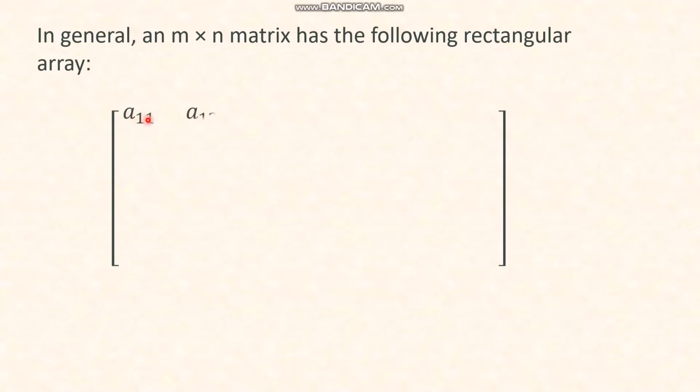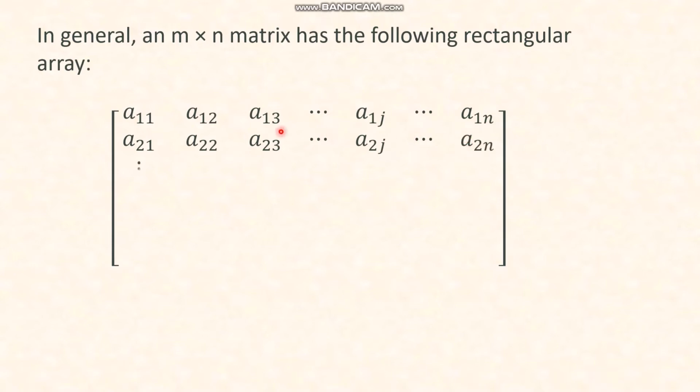The first row will be a11, a12, a13, so on to aij, so on to ain. The second row is a21, a22, a23, so on to a2j to a2n.